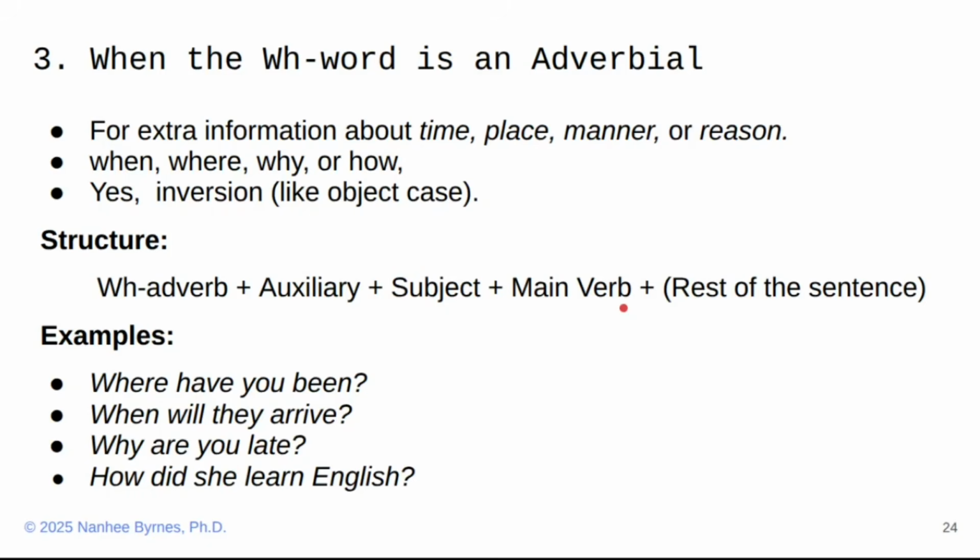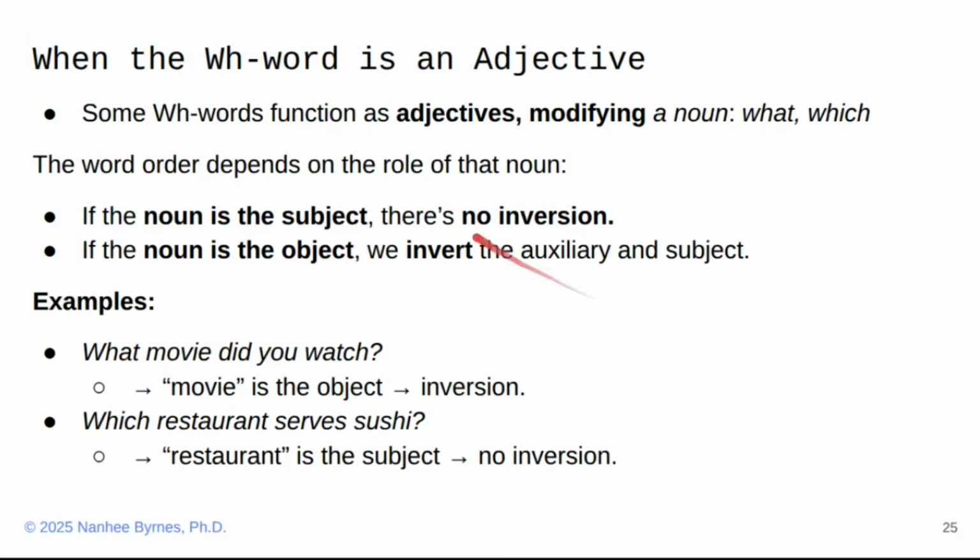Now, let's talk about WH words that function as adjectives. This part is often overlooked. Some WH words, especially what and which, can act as adjectives because they modify a noun. That noun can either be the subject or the object, and that determines whether inversion happens. For example, what movie did you watch? Here, movie is the object, so there is inversion.